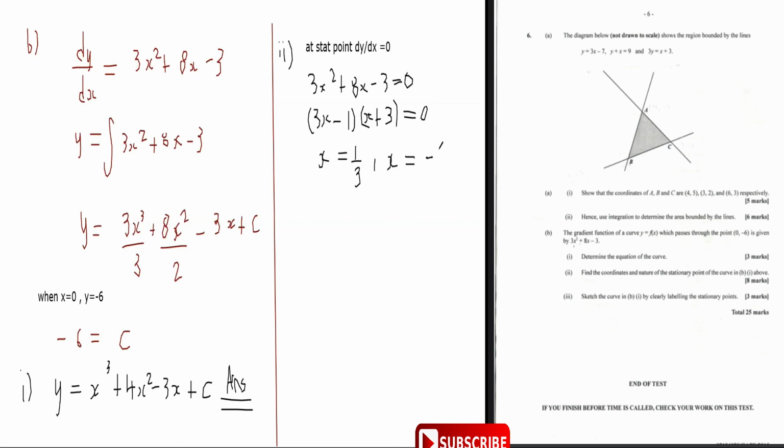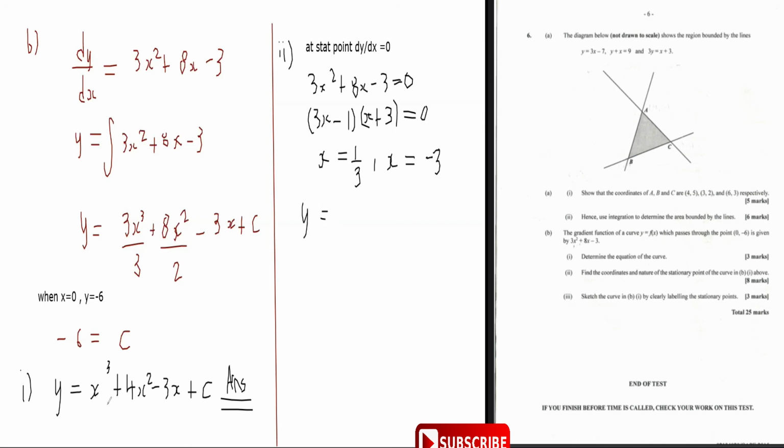Now, that doesn't give you the stationary coordinate or the point. You just have the x ordinate. To get the stationary points now, you need to plug in 1 over 3 in here to get what is y. So plug 1 over 3 into the equation of y right here.